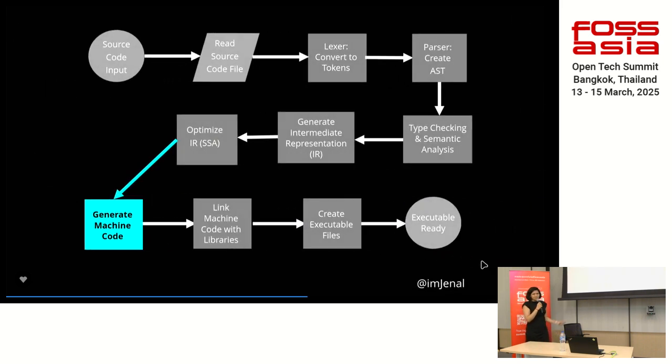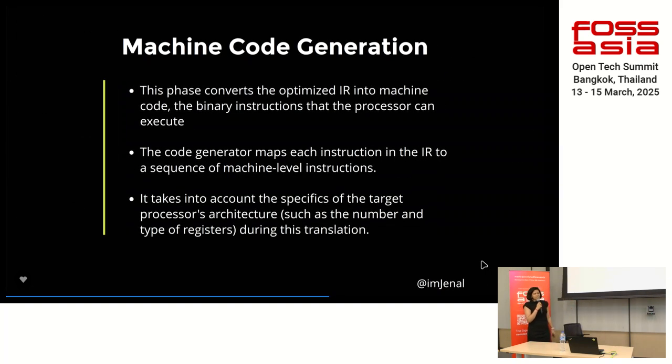And next is it generates the machine code. In this phase, you have already achieved all the phases, syntax analysis and semantic analysis, and finally we come to the machine code generation part, where machine code actually gets generated, which is basically what your processor will understand, right?